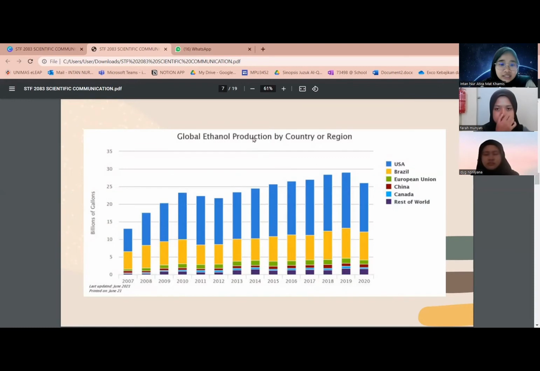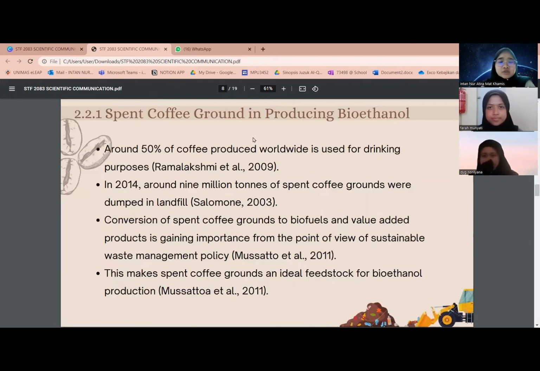The illustrated graph shows the global ethanol production by country or region, whereby 2019 is recorded as the highest production of ethanol. Thus, due to its global demand, it is important to devise an efficient and effective way to produce bioethanol. We might wonder how spent coffee ground can be used in producing bioethanol and why.